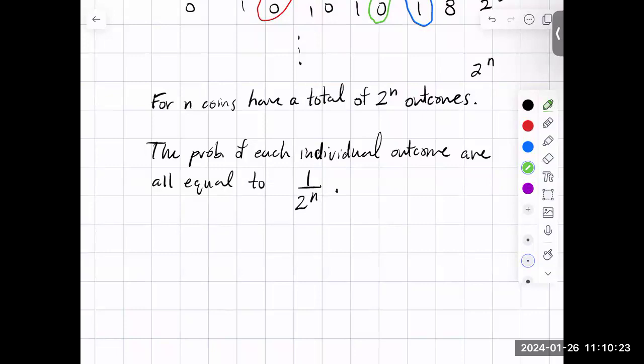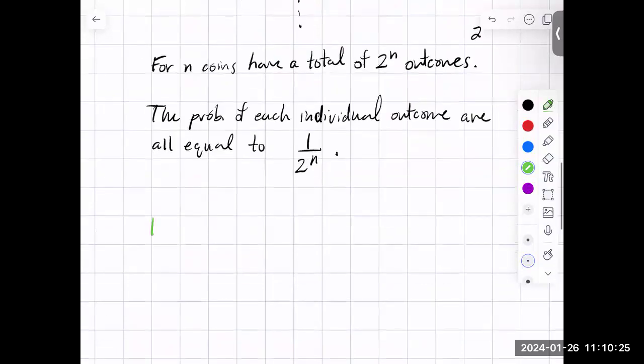Okay, so anyways, so for, let's take n equals 5 points.